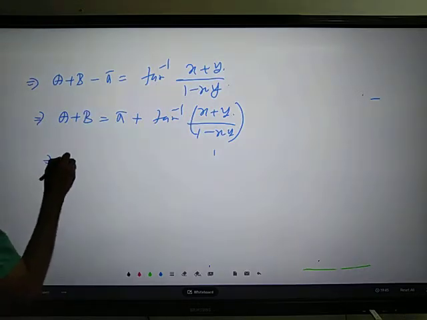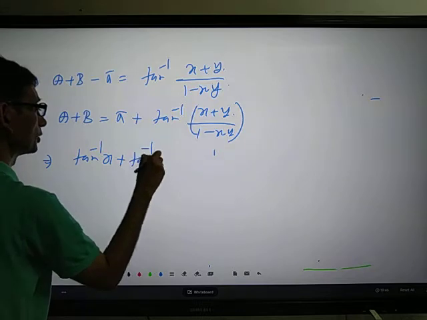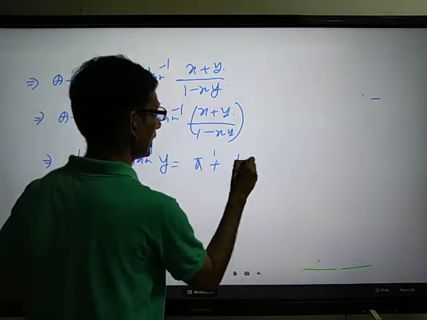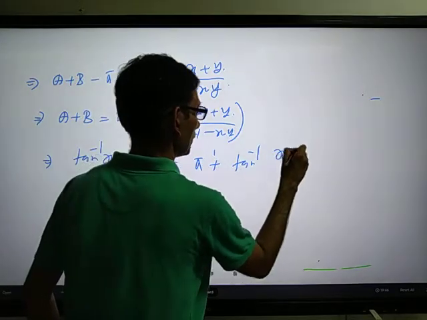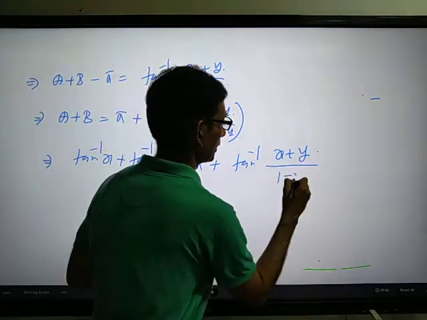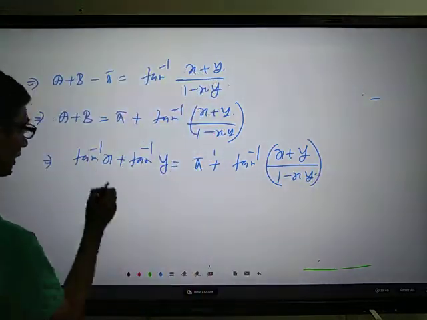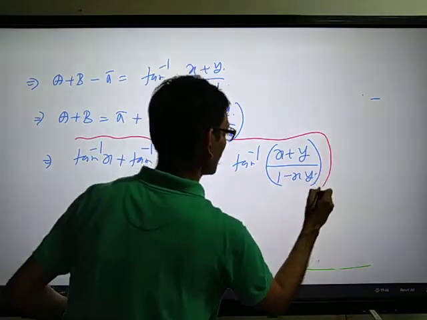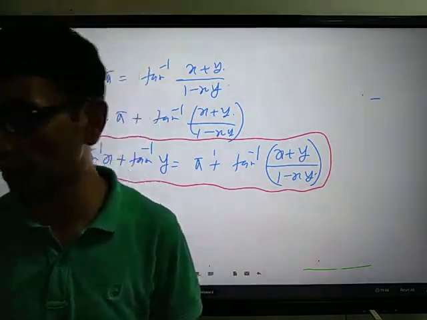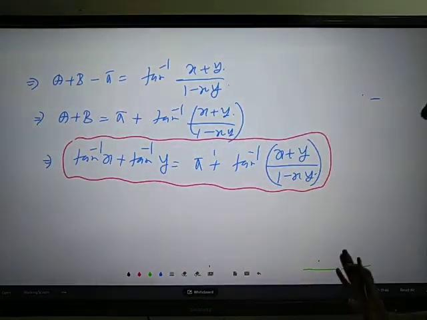What is the value of a+b? tan⁻¹x + tan⁻¹y equals π + tan⁻¹((x+y)/(1−xy)).